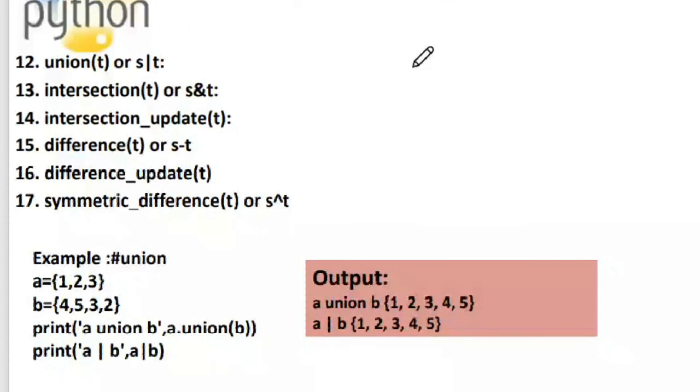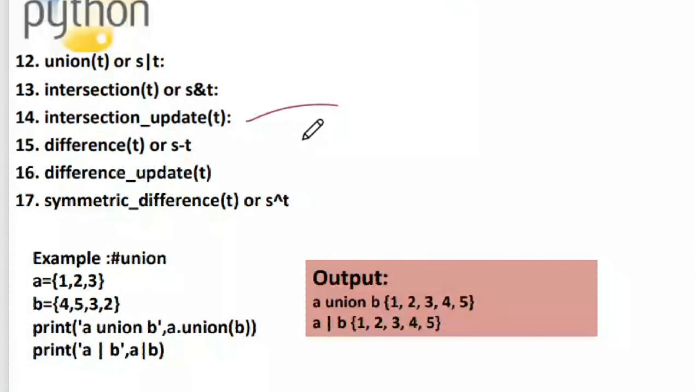We'll again get back to the concepts of union, intersection, and all that. But here I have added two more methods for you. The two more methods I have added are intersection underscore update and difference underscore update.